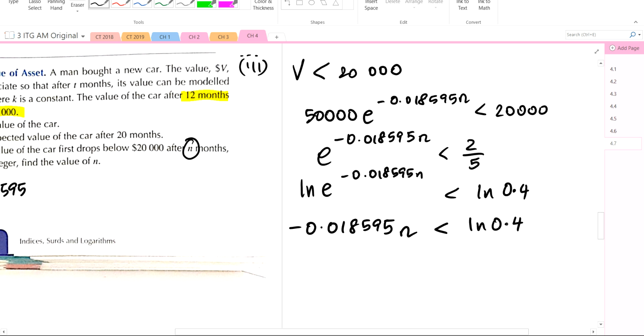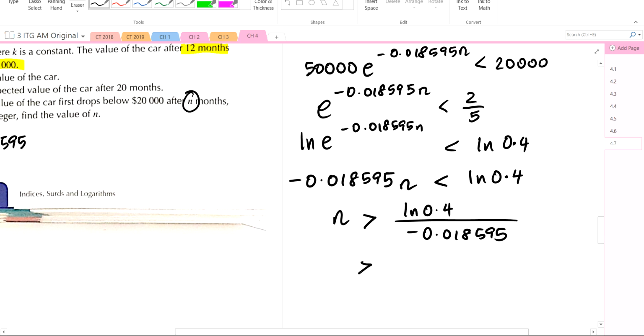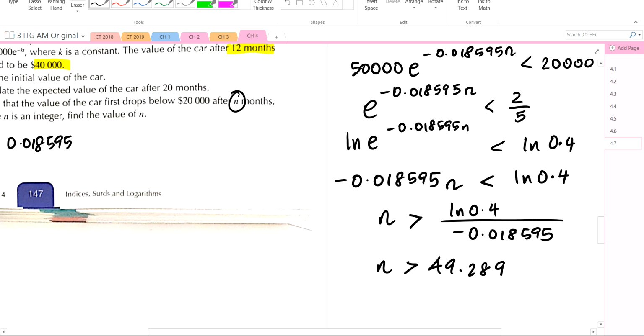Now I still want to make n the subject, right? What should I do next? Divide by the negative number and flip. ln 0.4 divided by negative 0.018595. So n is supposed to be greater than 49.289.